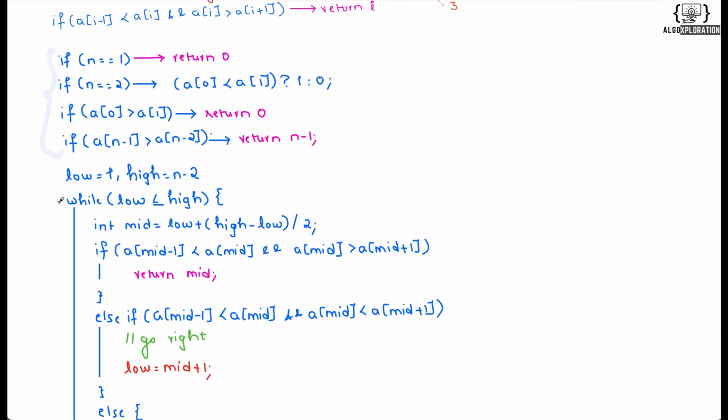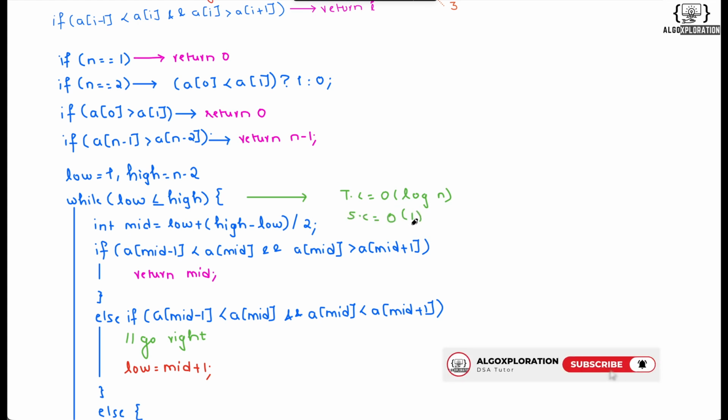Talking about this while loop, since the binary search is actually happening here, the time complexity will be order of log n. And the space complexity, since this is an iterative approach, will be constant.